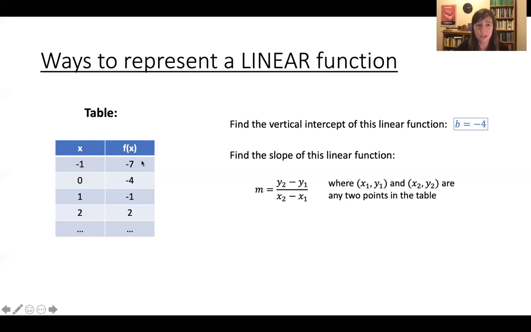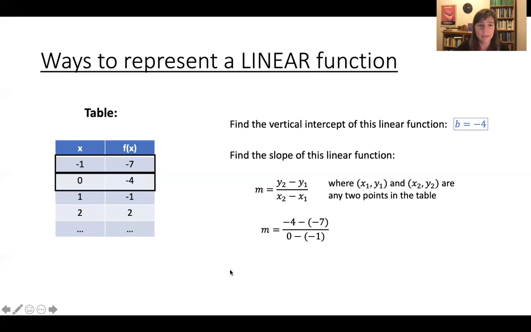So let's take 2 points in this table and plug them into this formula and calculate the slope. We can just use the first 2 points. The first point is (-1, -7), so that's our (x1, y1). (x2, y2) is (0, -4).